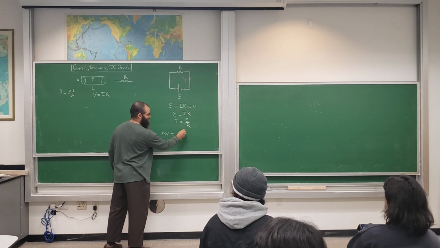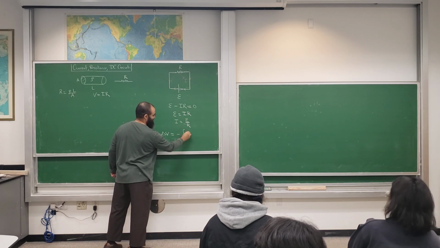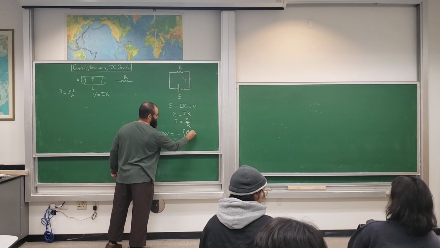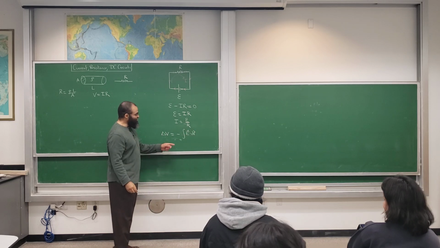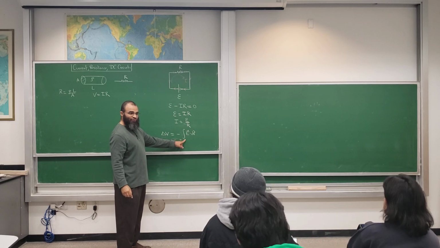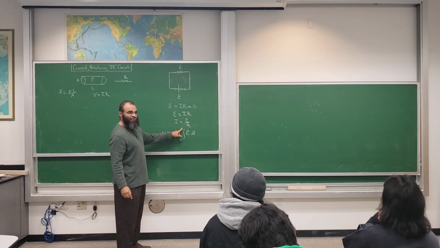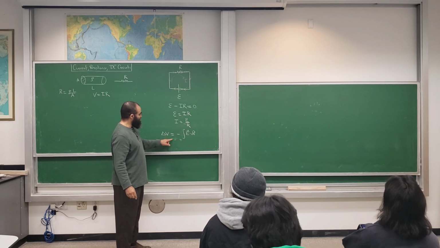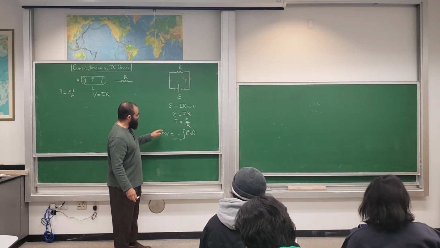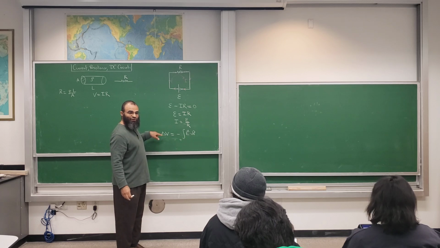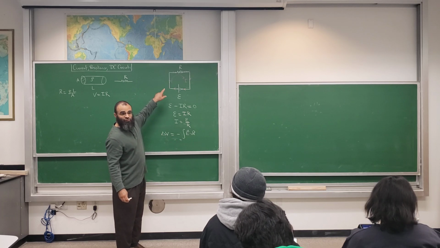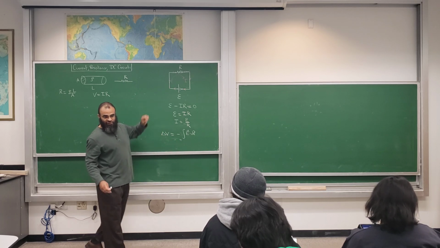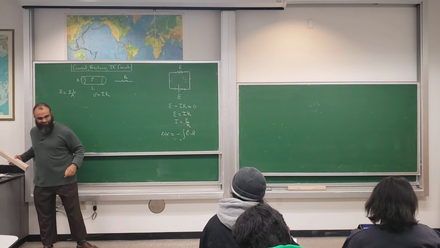Minus the integral of E dot dr, right? If it's a closed loop, you start at a point and you end where? At the same point, so you get 0, right? We don't have to think about the integral, though. We just need to remember the rule. Over a closed loop, you get 0. So that actually makes sense.